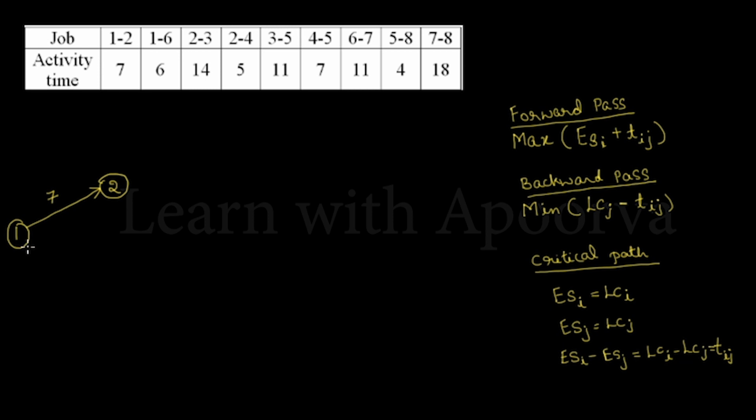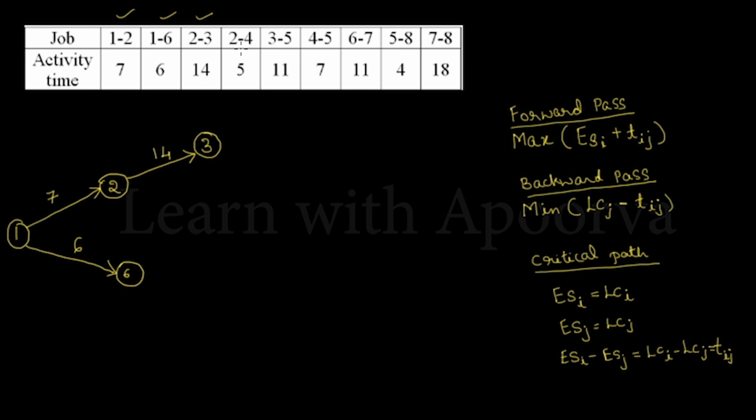So, node 1 I already have, I will draw a new node 6 here and the duration between this is 6. Next we have the activity 2 to 3, I have the node 2 here, I will construct a node 3 here and I will connect them together with the activity duration 14. So, we are done with these 3 activities.